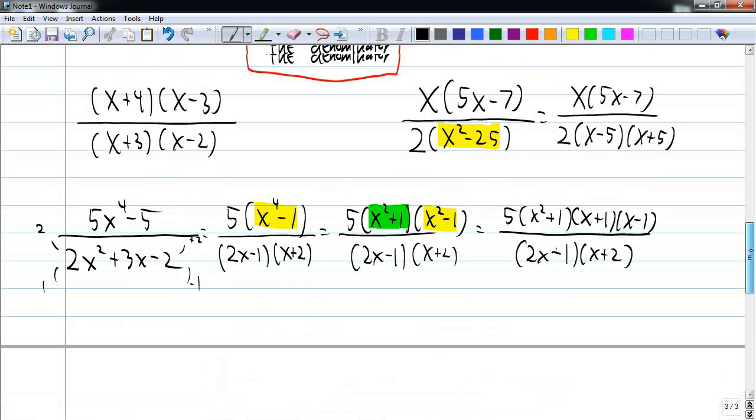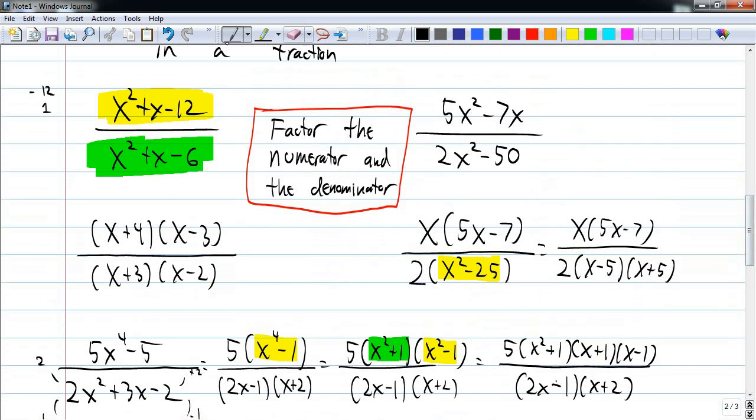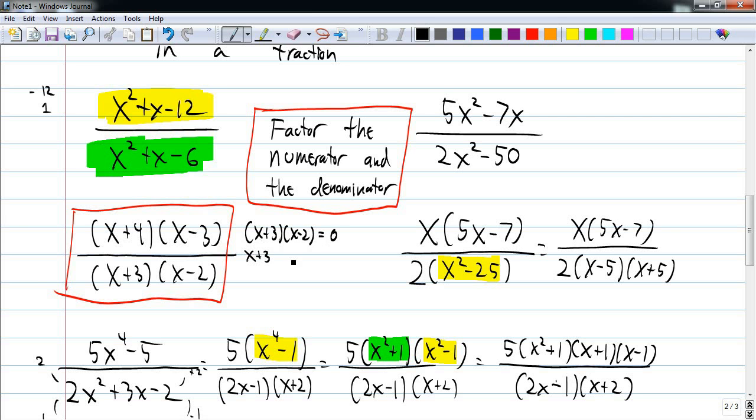So, let's come up here and take a look at this rational expression. I ignore my numerator and look at my denominator. For what x's would this denominator equal 0? Okay, these are two linear factors multiplied together. If you recall, and this is one of the reasons why we factor, to solve this, I take each factor and set it equal to 0, and solve each little equation.